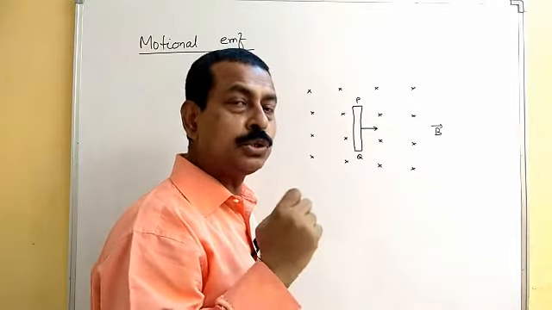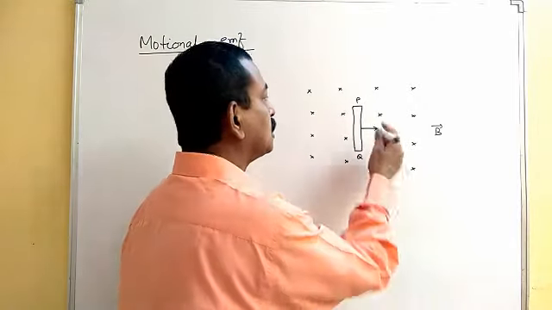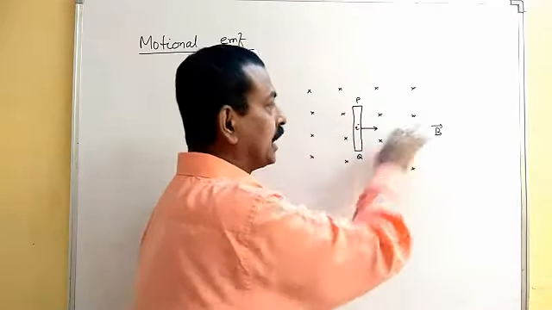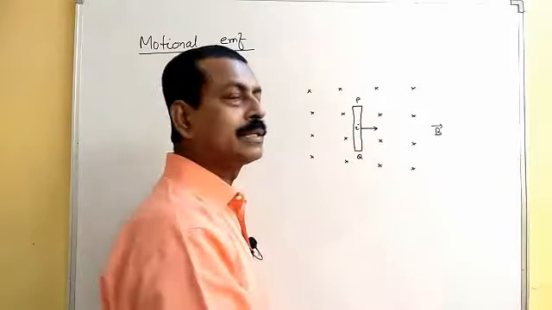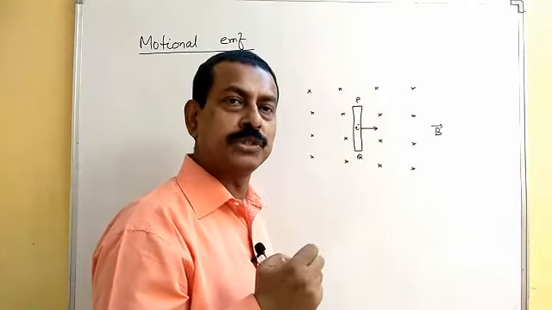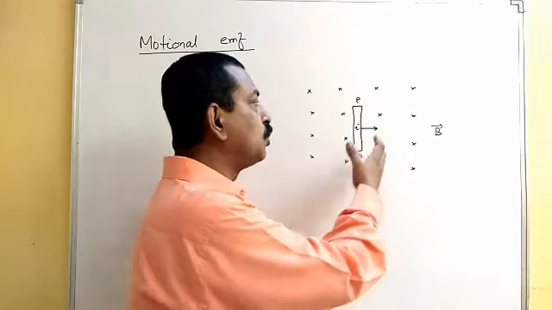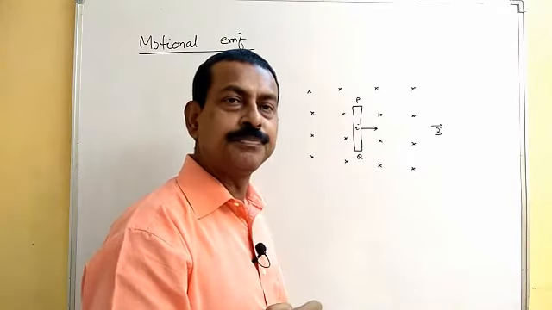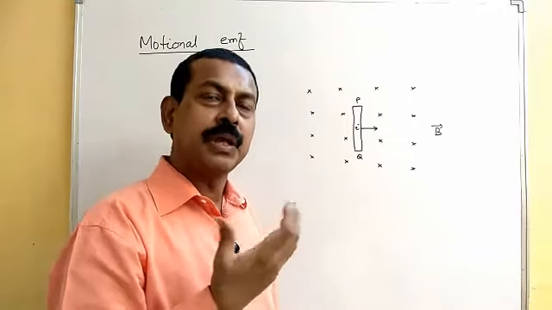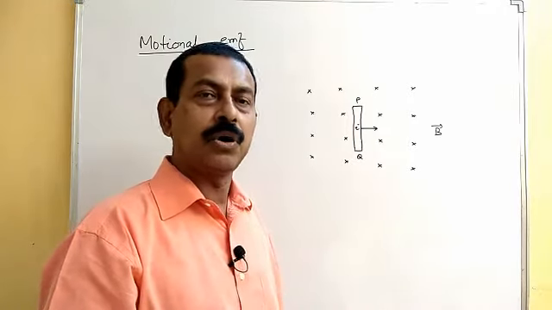So now you have free electrons, suppose, moving in this direction. The magnetic field is directed into the plane, so they will experience a force due to this magnetic field. We can easily find its direction by using the right hand screw rule or right hand thumb rule.